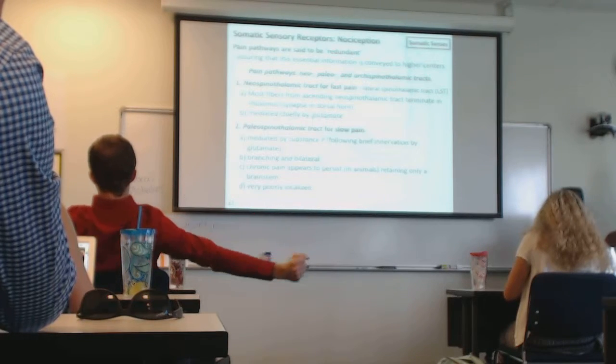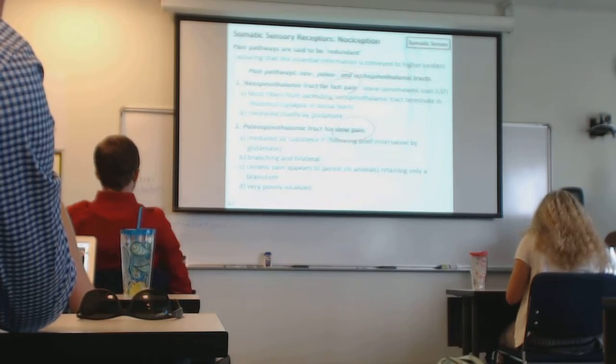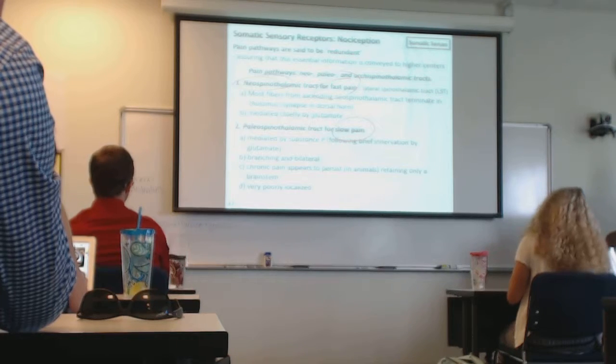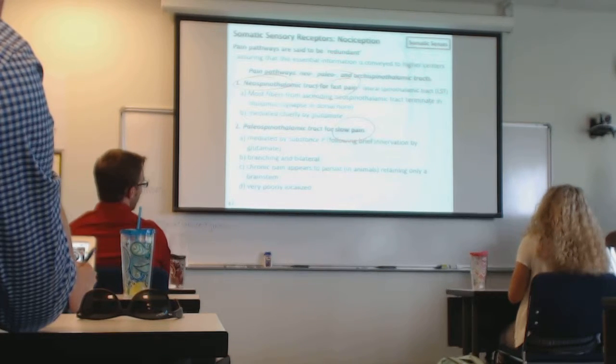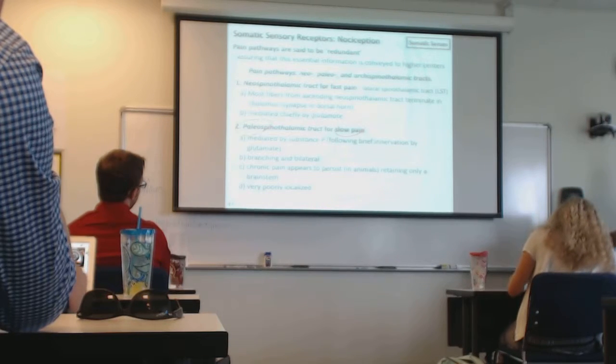Now, we've talked about the fast and the slow pain. The fast pain is generally along a pathway called the neospinothalamic, the slow pain on the paleospinothalamic. And once again, just very simply note the following.